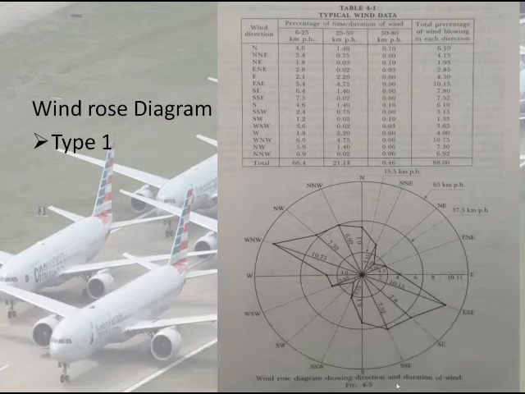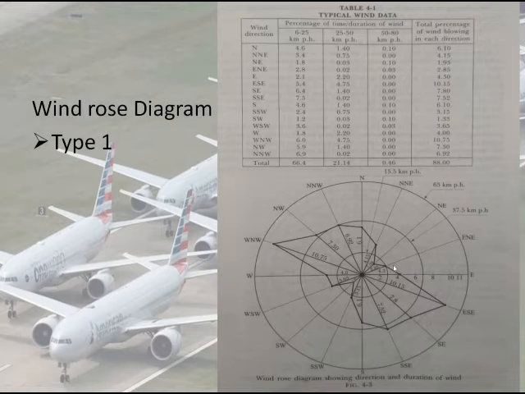The radial lines indicate the wind directions, and you can observe the concentric circles here. Each circle represents the duration of wind to a certain scale.